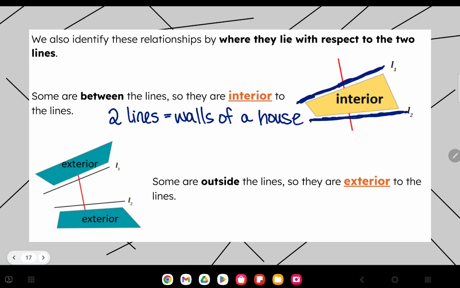Whenever you have things that are inside the walls of the house, between those walls, we call that the interior of the house.